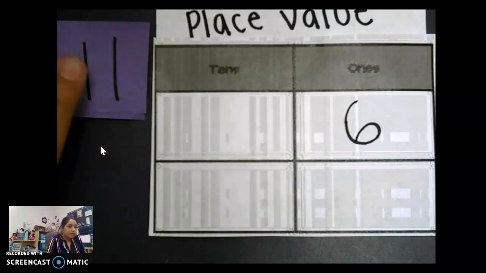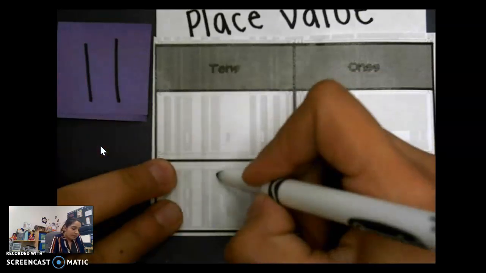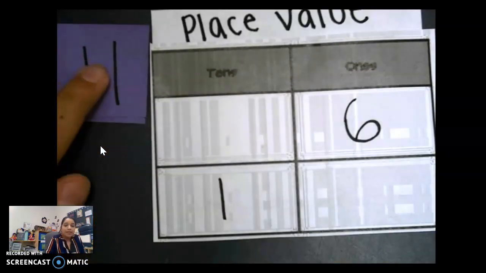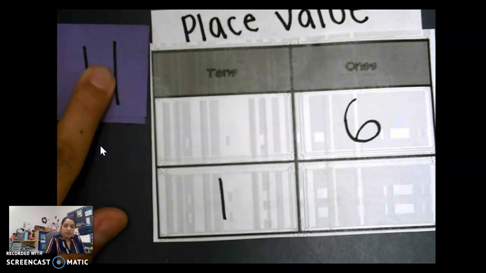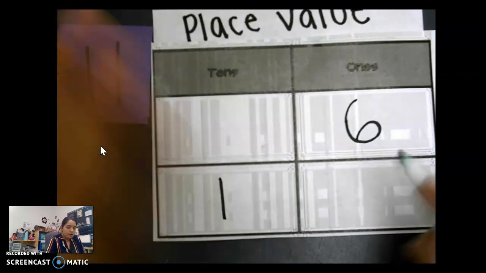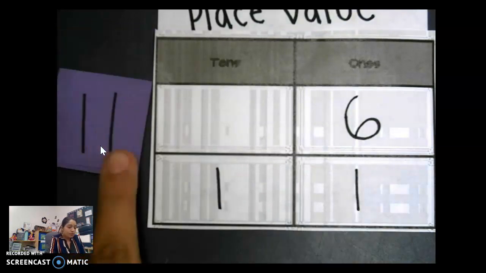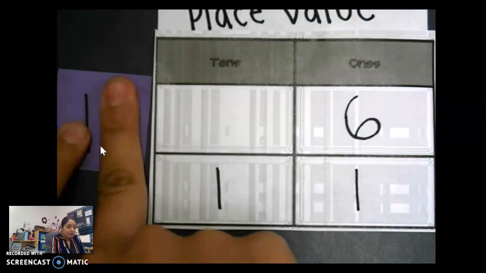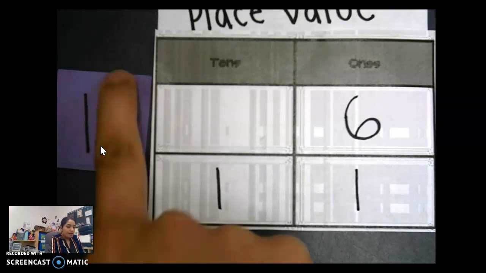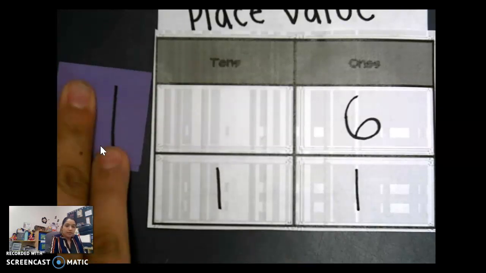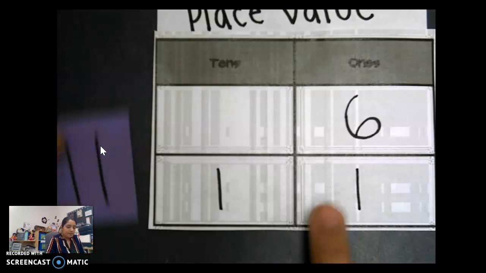So what is the first digit in the number 11? 1. Good job. And what is the second digit in the number 11? 1. Good job. So if you ever get confused, you could always cover up. So this is the first digit, 1. And then cover up again. What's the second digit? 1.